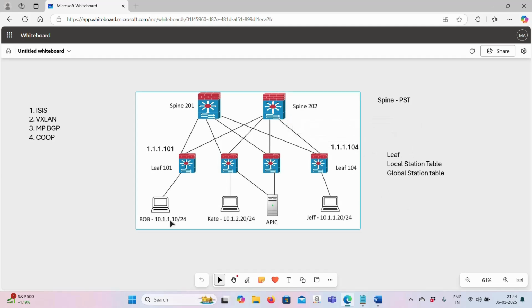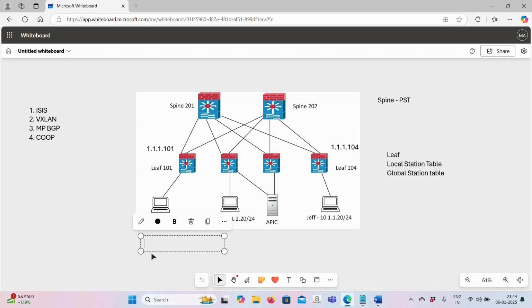So when Bob wants to communicate with Jeff, the packet will come to leaf 101, with source IP address 10.1.1.10, destination IP 10.1.1.20, source MAC say BB, that is the MAC address of Bob, and destination MAC say JJ, that is the MAC address of Jeff.